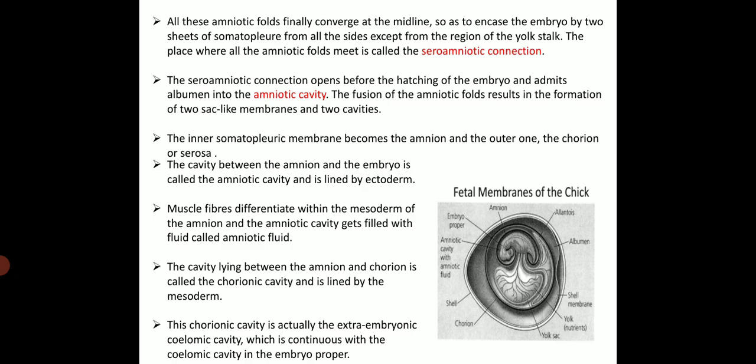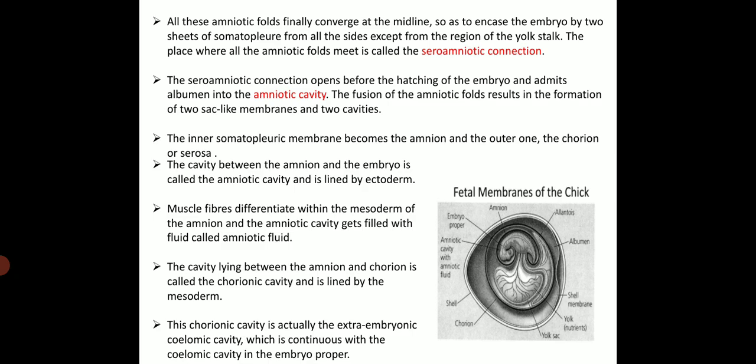This seroamniotic connection opens before the hatching of the embryo and admits the albumin into the amniotic cavity. The fusion of the amniotic folds results in the formation of two sac-like structures or membranes, or you can call them two cavities.